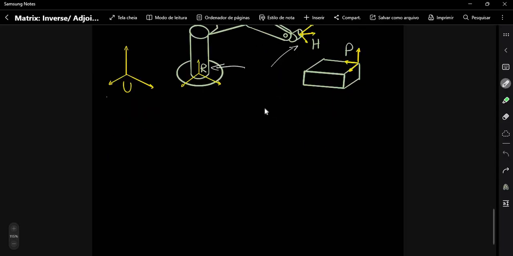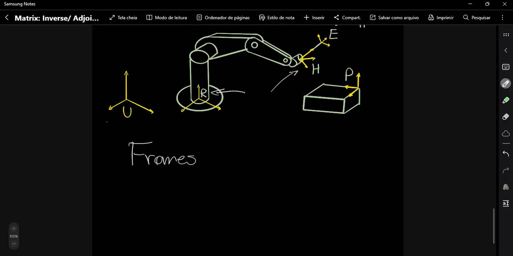We are always tracking the whole system of the robot. So the first thing, we have frames, and these frames are being tracked all the time. We have a universe reference frame, and this frame is the frame that has the coordinates.